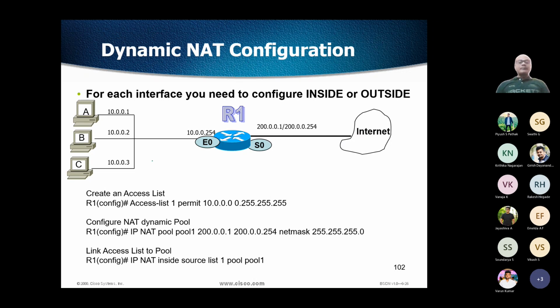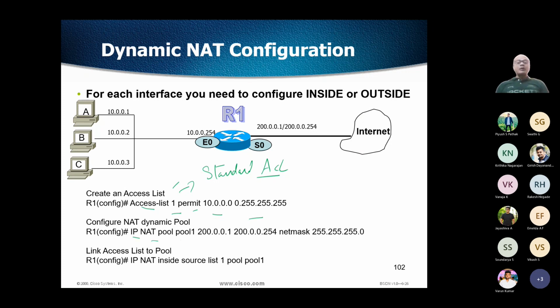So dynamic NAT configuration. Create access list 1. Which access list? Standard ACL, right? Yes. Permit this network and wildcard mask. Then create the NAT: IP NAT pool.